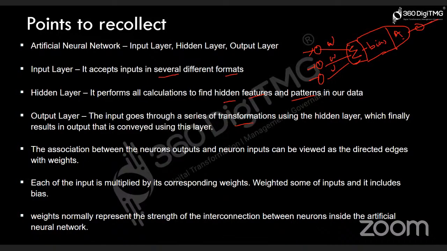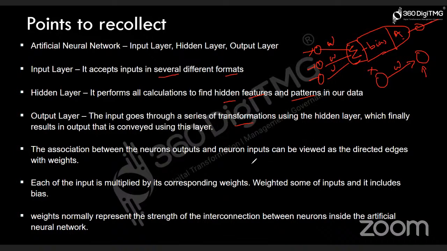Now, the association between neuron outputs and neuron inputs can be viewed as directed edges with weights. Each input is multiplied by its weight, and the weighted sum of inputs is taken along with a bias term, if there is any.